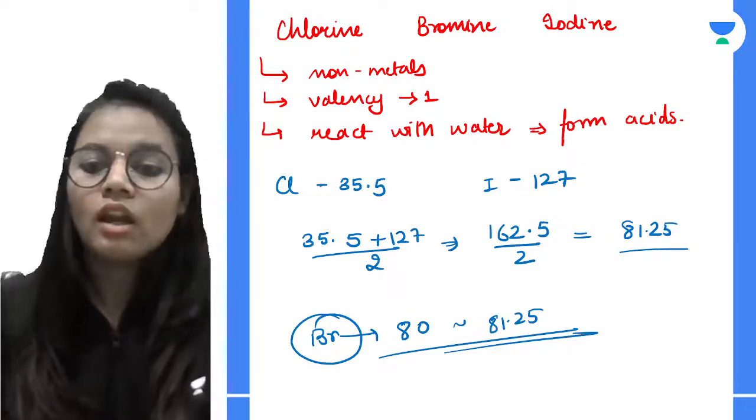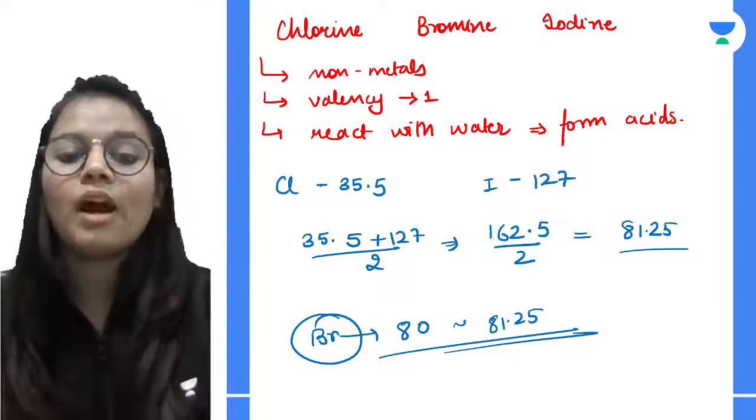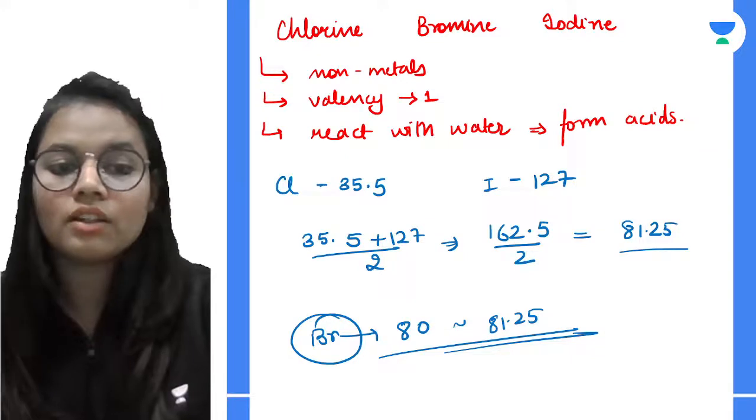Now, what was the reason to discard this law? Why couldn't Dobereiner's triads be taken further? Let's see.